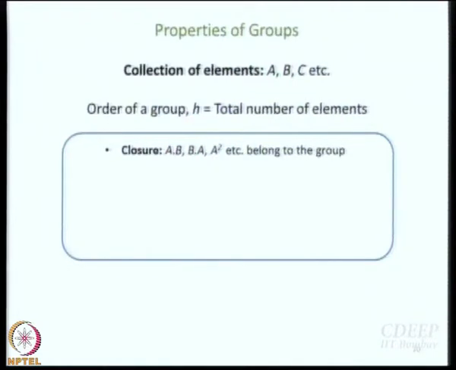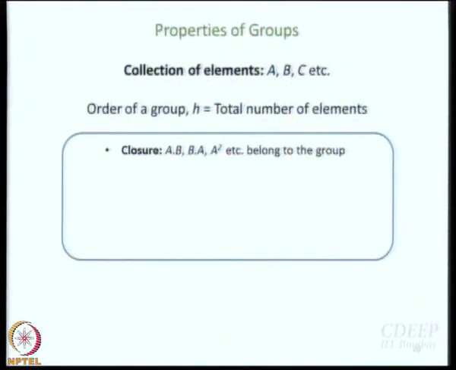Closure means that whatever the operations are, if you take their products, I am talking in terms of group right now, not symmetry operation, but to come to that also, if you take the products of the elements of a group, say AB or BA or A square, then all these should also belong to the group.